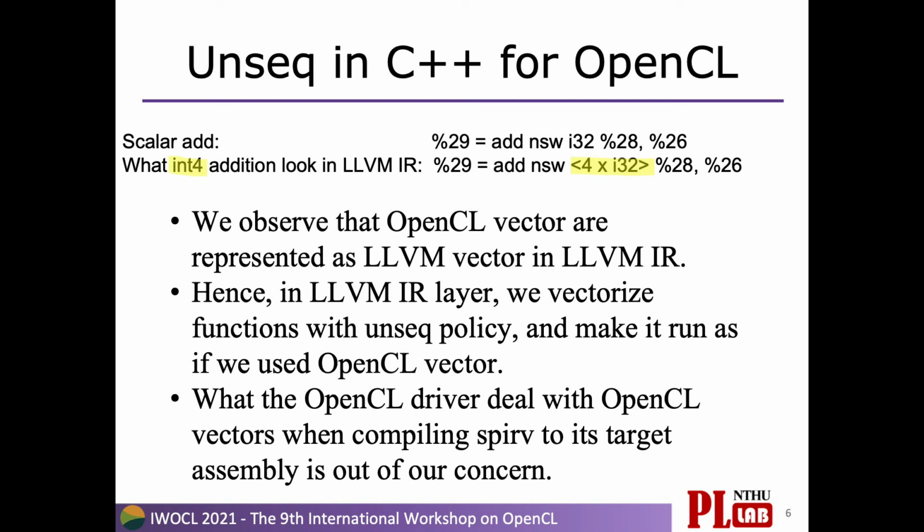Hence, in the LLVM IR layer, we vectorize functions with the unseq policy and make them run as if we used OpenCL vectors. What the OpenCL driver does with OpenCL vectors when compiling SPIR-V to target assembly is out of our concern and out of our reach.